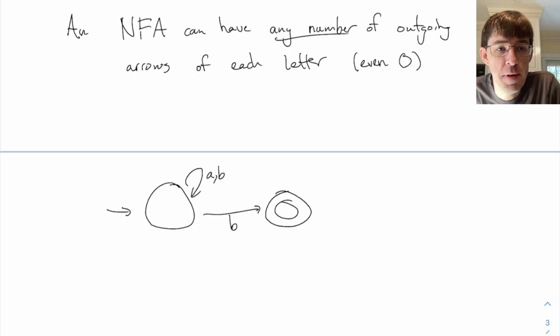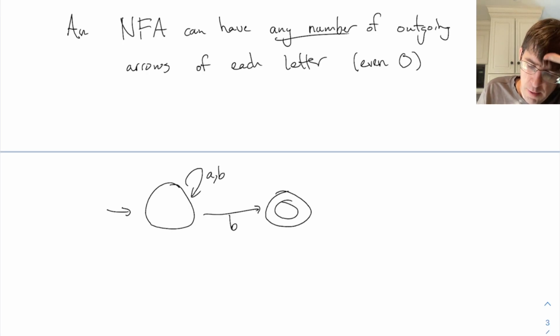I said it can have any number of outgoing arrows of each letter. From the first state, there's one outgoing A, this loopy one. There are two outgoing B's, the loop and this one. And from this state, there are no outgoing letters at all.